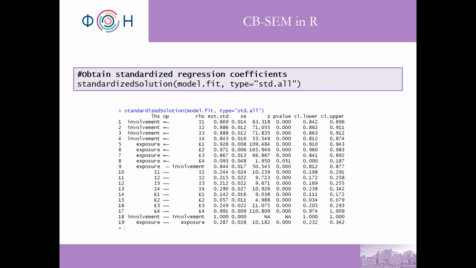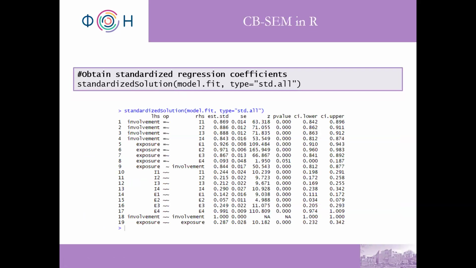So if we want to get our standardized regression coefficients, which are maybe easier to communicate, we have to use the standardized solution function, where the parameter type is standardized all.